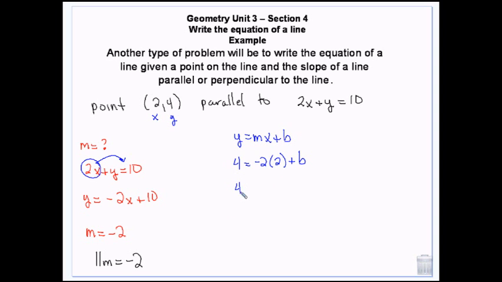So 4 is equal to negative 4 plus b. Add 4 to both sides, and I get 8 is equal to b. So my parallel line will be y equals, same slope, negative 2x plus 8. So this line is parallel to that line, and it happens to go through this point.